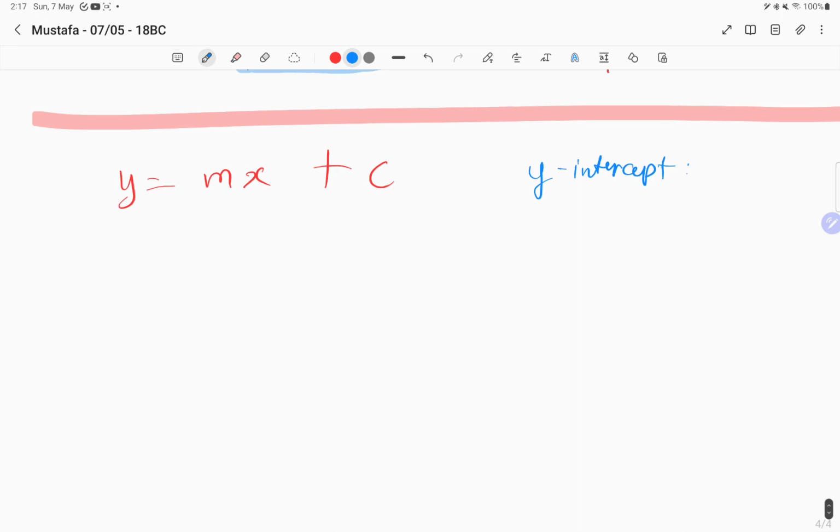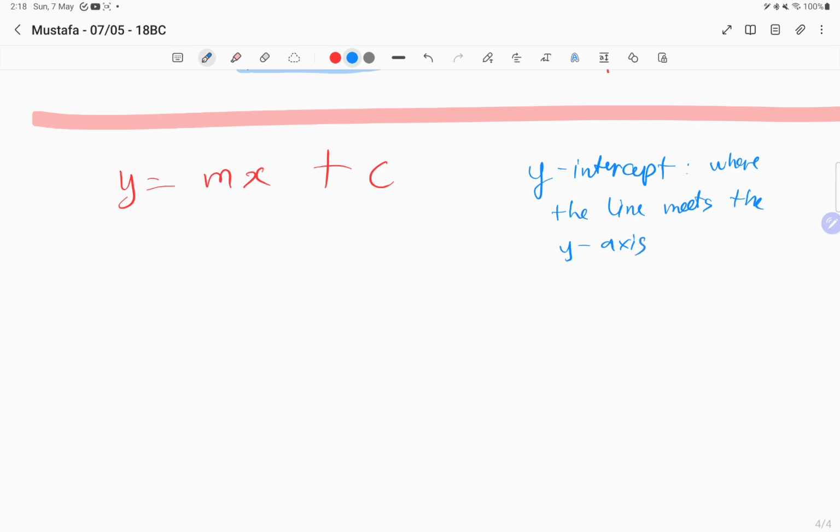Where the line meets the y-axis. The official name is y-axis.